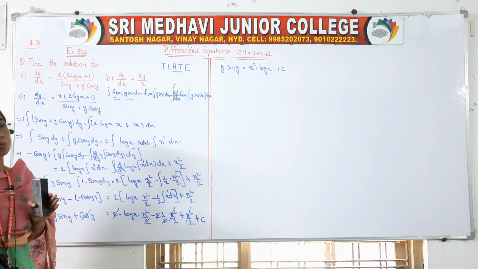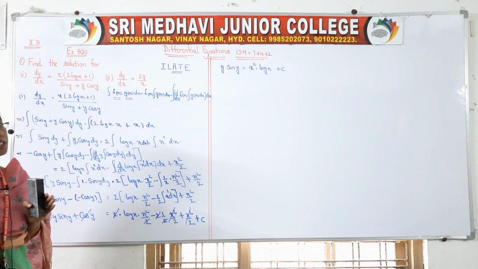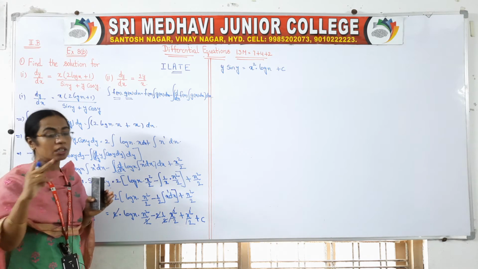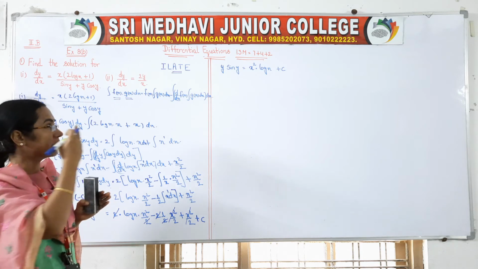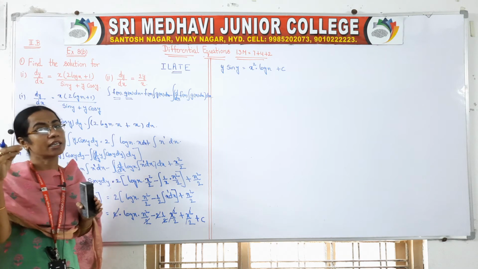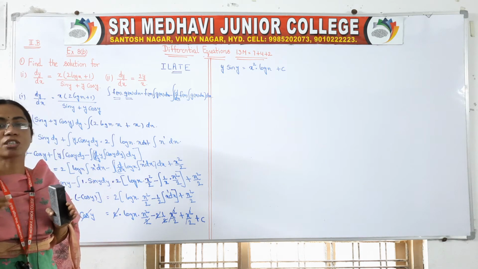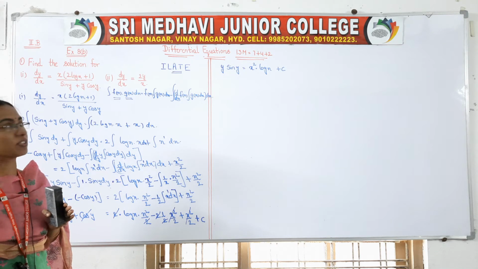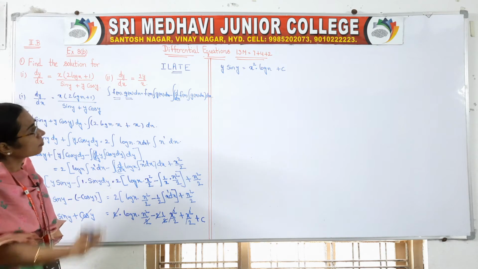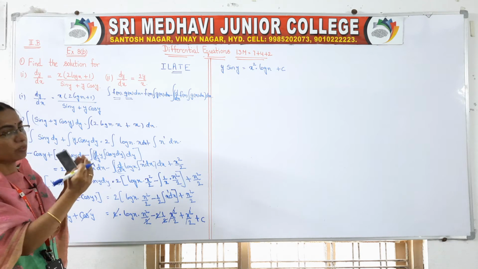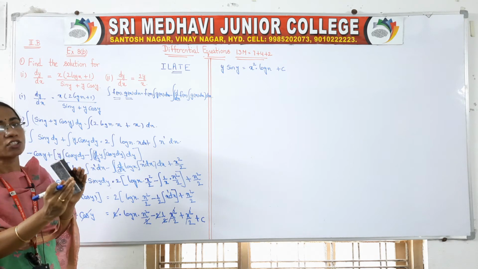All the terms in terms of x and y are called algebraic functions, and all the sine, cos, cosec, secant ratios are called trigonometric functions, and any values in terms of e to the power of x, e to the power of 3x are called exponential functions. Like that we have to check and take our f of x and g of x.